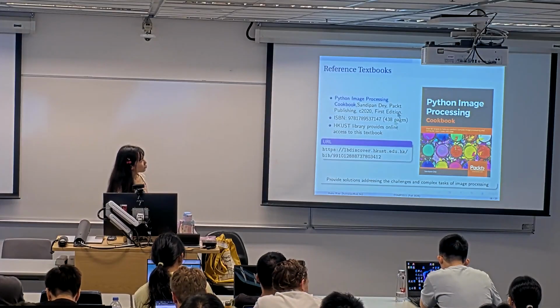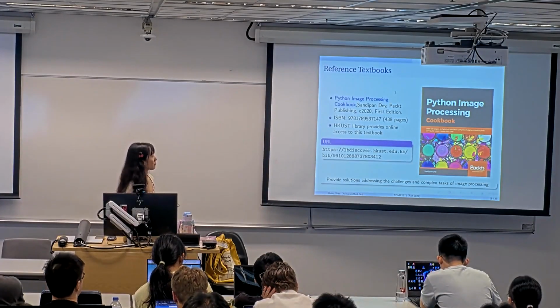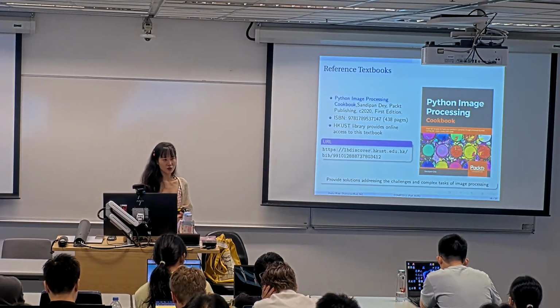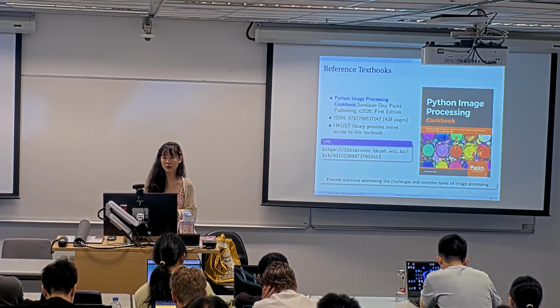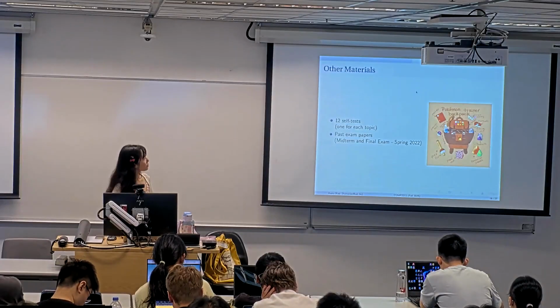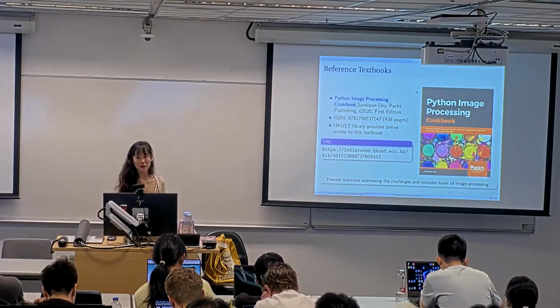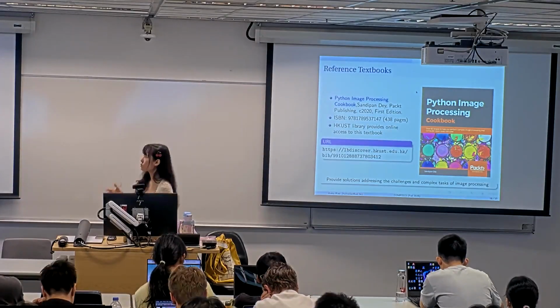And this one is specifically about image processing using Python. It's called the Python Image Processing Cookbook. Because for our course, we will introduce you the fundamentals of image processing and CNN. So this reference book will help a lot. So all these reference textbooks, if you are interested in some specific topics, you are welcome to read them.